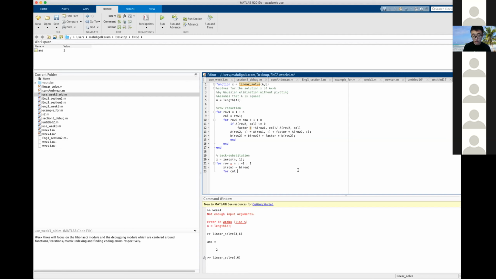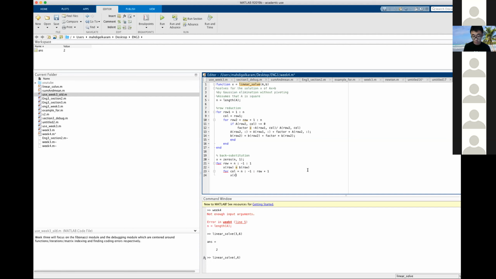Then for column, column also we need to go backwards. So it's from n, step size is -1, and go to row +1. Because for the other columns, it's already 0, so we don't have to do that anymore.